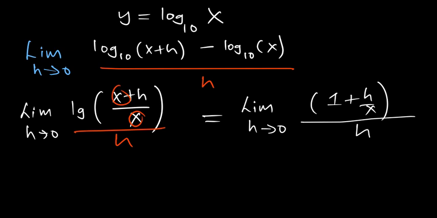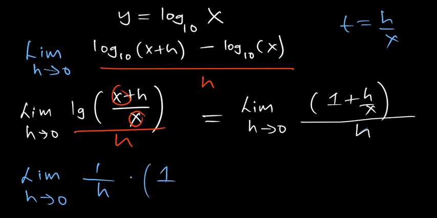At this point, this is where we now call upon our limit identity. So let t be equal to h over x. We don't want the fraction in the brackets. So we have the limit as h approaches 0, and then we can actually pull out the h in advance, 1 over h, and then in the brackets we're going to have 1 plus t.